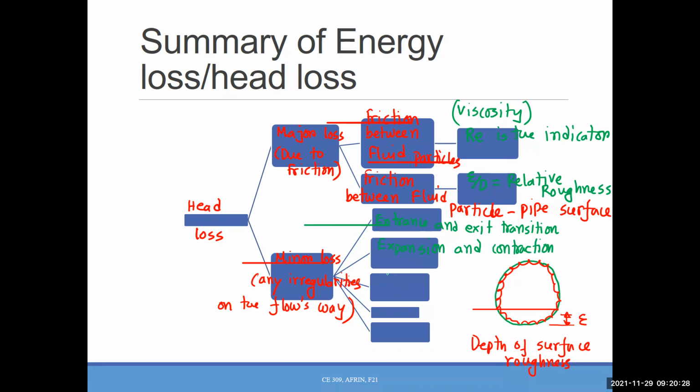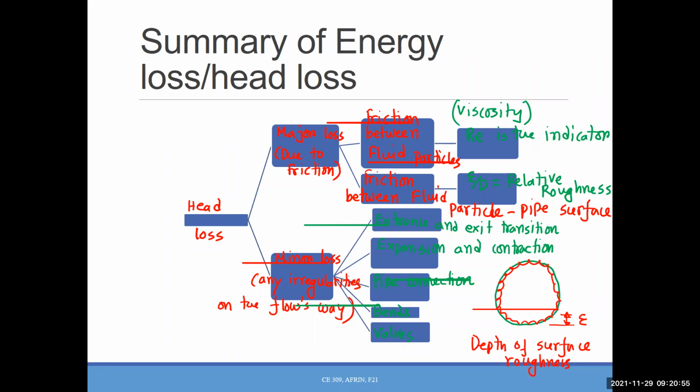The next one is pipe connection. Any sort of bends and valves, they all can create some sort of minor losses. In easy words, any irregularities on the flow's way will create the minor losses.